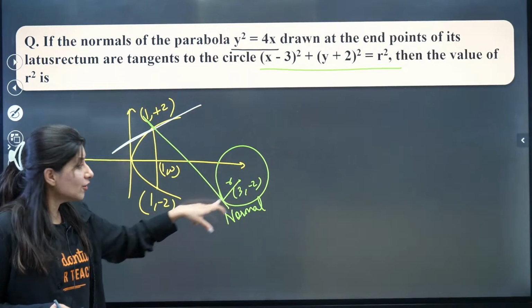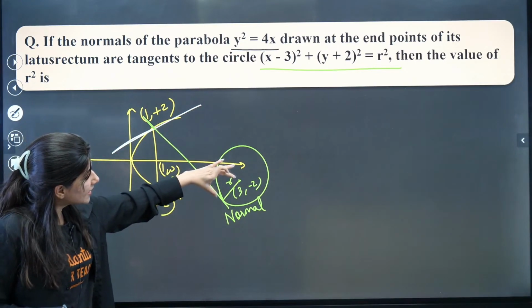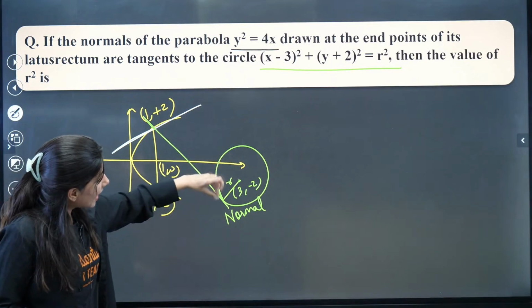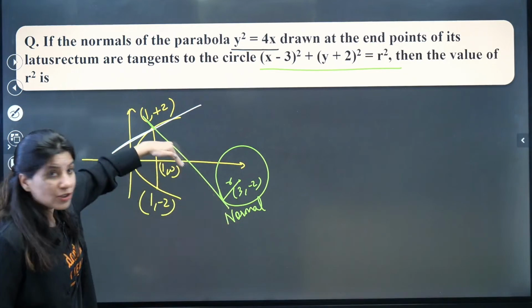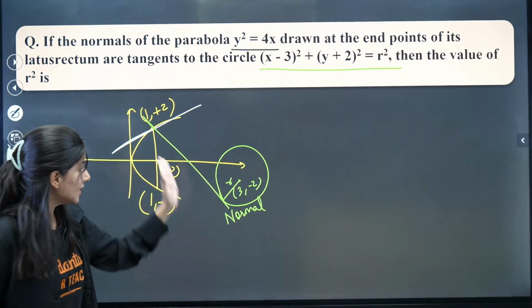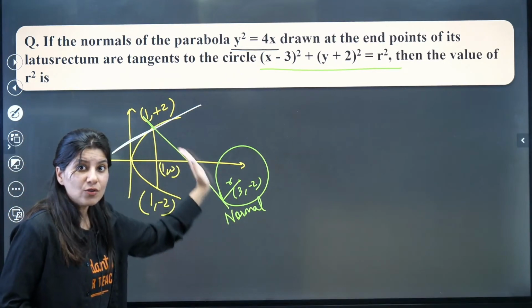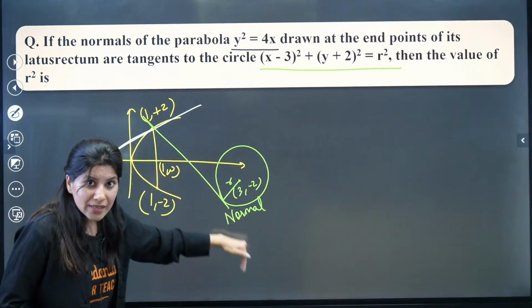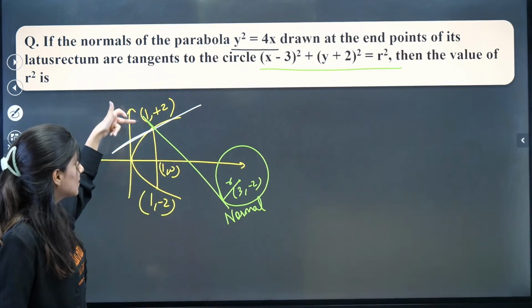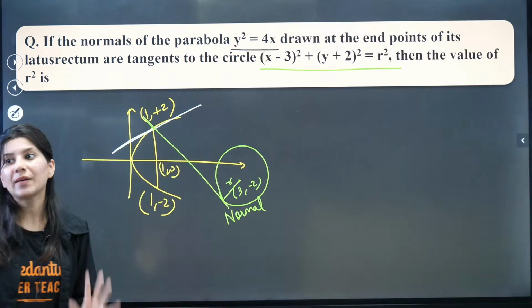And the value of r is connected with the distance between the center and the normal. If I know the equation of the normal, understand this nicely, if I know the equation of the normal, center I have, I can apply that formula.